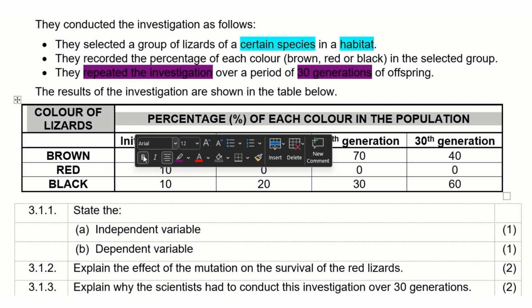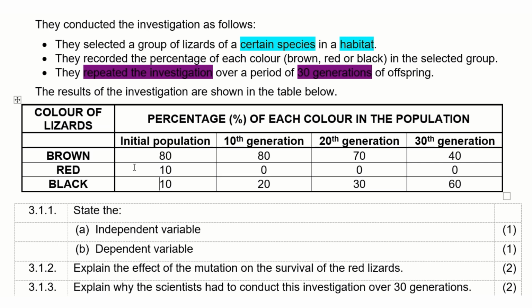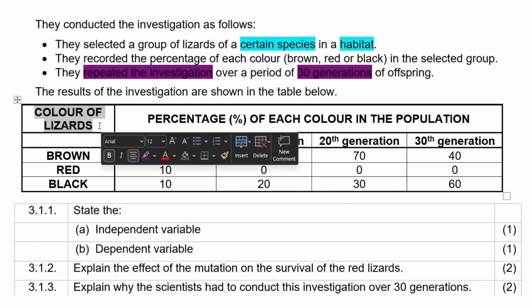Okay, but before we do that, something you should also know is which variable goes on which axis. Your dependent variable always goes on your y-axis, so that would be the percentage, and your independent variable always goes on your x-axis, so that would be the color of the lizards.